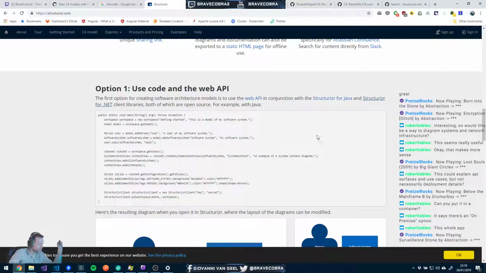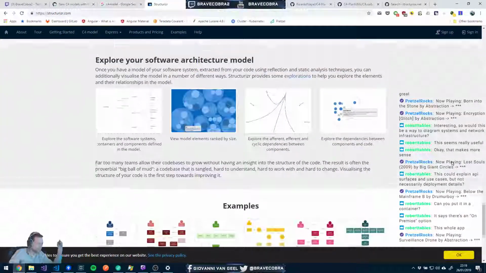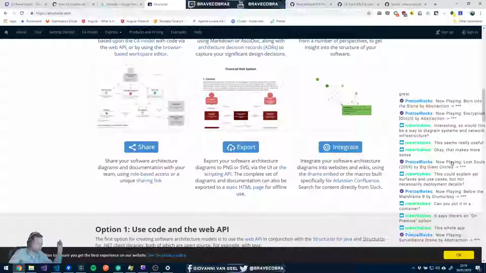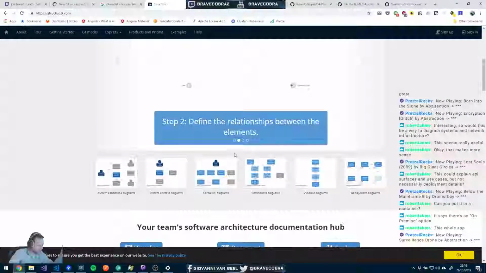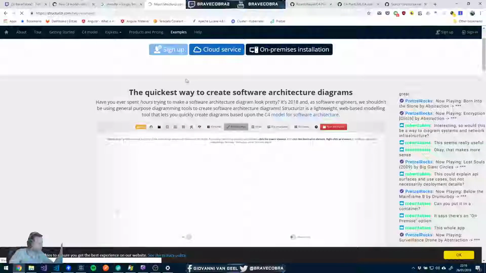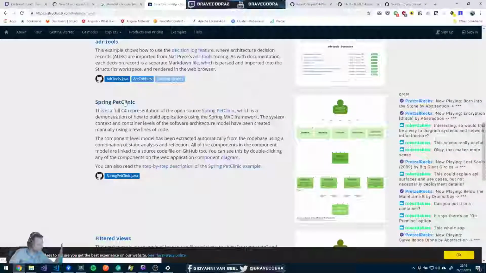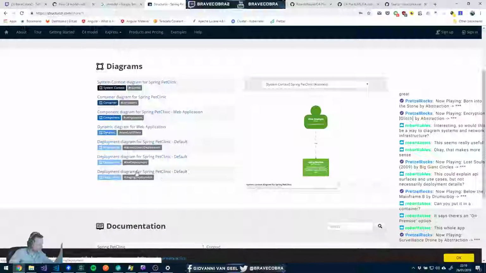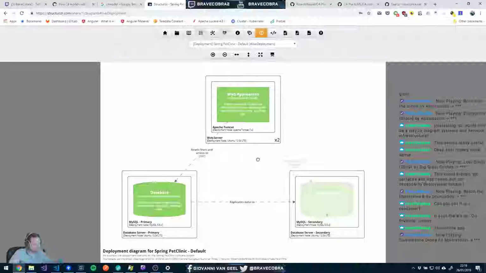I think I should look down more to the bigger examples. There was one for a bank and a pet clinic. Yeah, here we go. I think it was the pet clinic one where he had a complete diagram of deployment, and there it would look something like this, right?